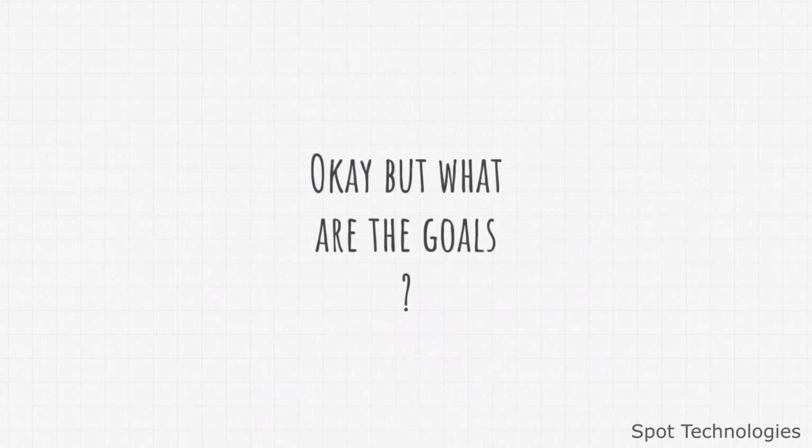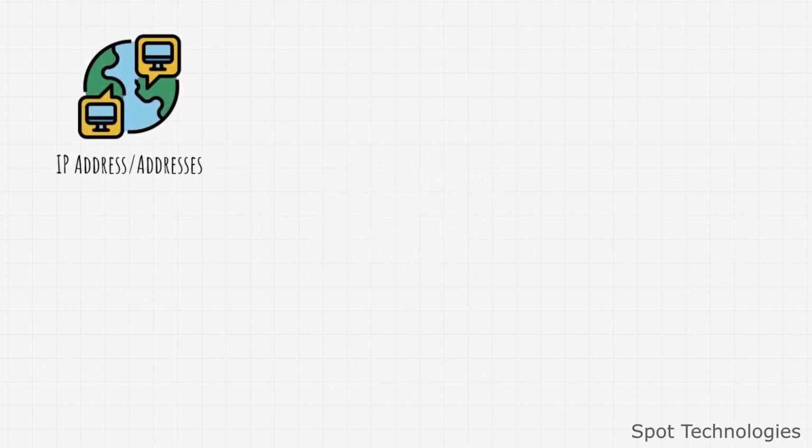Okay, good, but what are the goals of this? What exactly are we searching for? Which information could be of value to us? Usually, the first thing we search for to identify a target is their IP address, or IP addresses if the target has multiple addresses that belong to them.